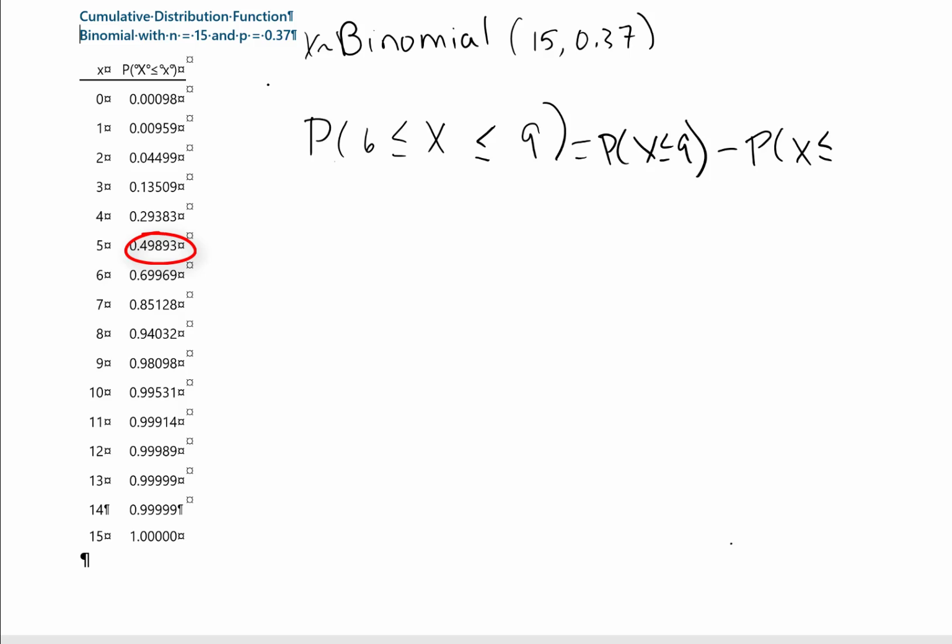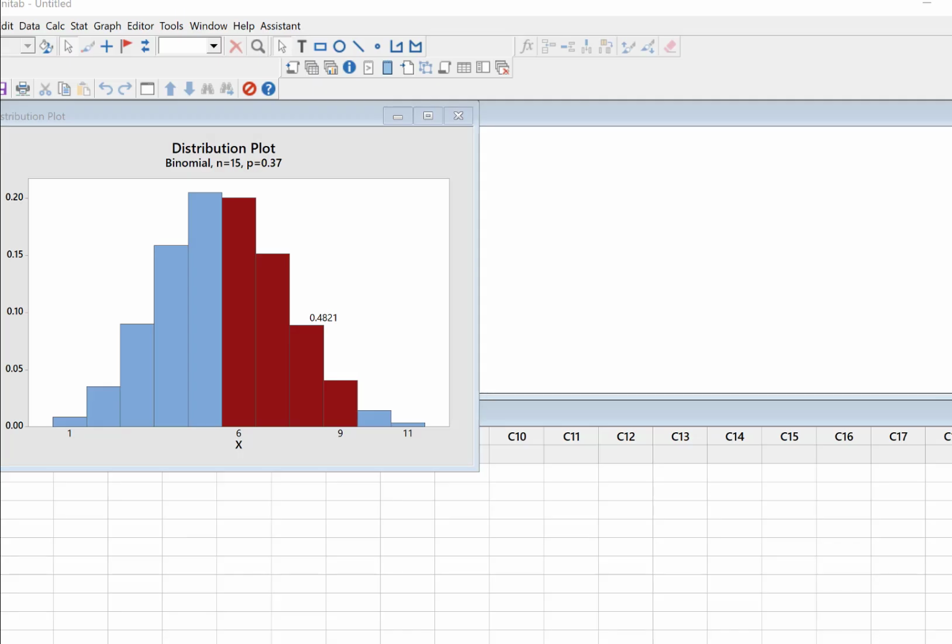By looking at the graph here, I want the probability between 6 and 9, those bars from 6 to 9. The chart gives me everything less than or equal to 9, the whole left side up to 9. But I don't want these blue bars to the left, that's 5, 4, 3, 2, 1, and 0. So I just need to subtract off the probability of everything less than or equal to 5. And that's exactly what we did.